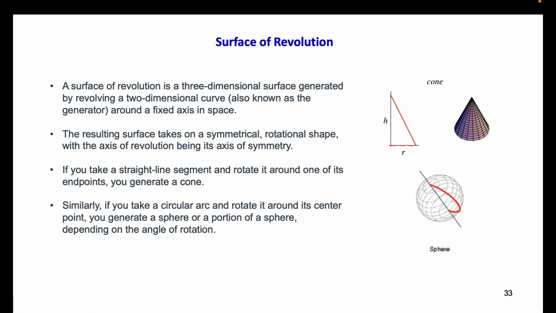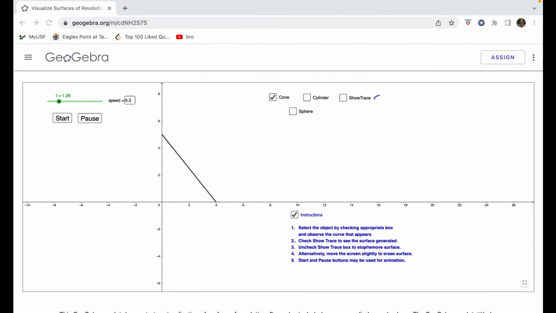To show this, I would like to take you to a website which shows how this actually takes place. So let us see how this cone is formed with this line at this angle. Here we can see this is the axis of revolution and the cone is being generated.